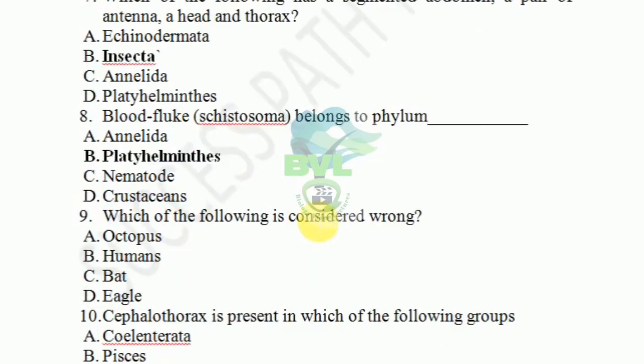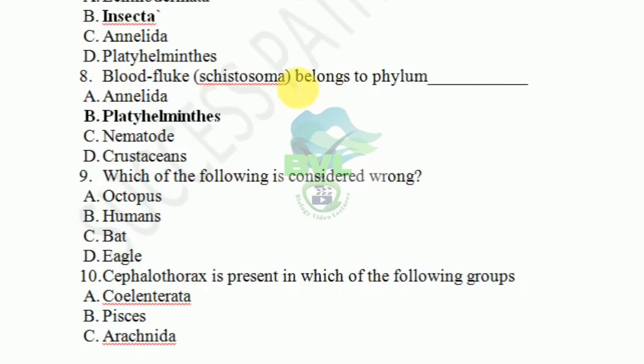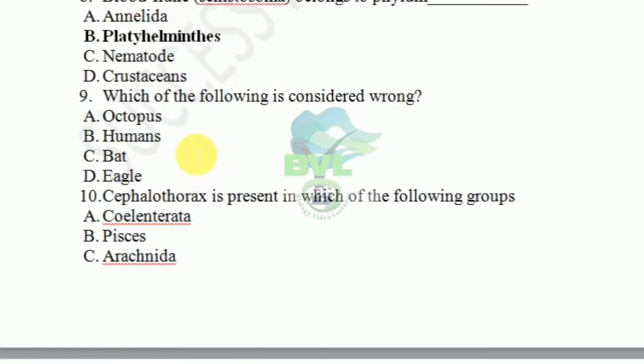Which of the following is considered wrong? The thing is, all the options here have some things in common, or they belong to a particular group, except for one. This is a very funny question because there's so much guide. If you look at this, octopus, that's Mollusca.